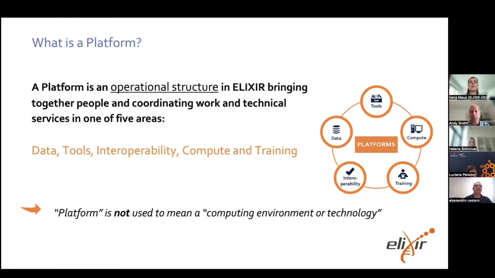We use them to bring together experts in Elixir nodes on a particular theme like compute or training or interoperability. And those experts will develop a scientific and technical vision for what Elixir needs to do in one of those corresponding areas. So we have 5 platforms, but they're really operational structures to bring together experts.